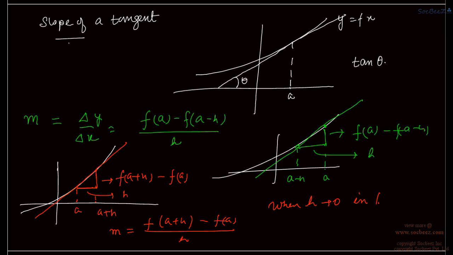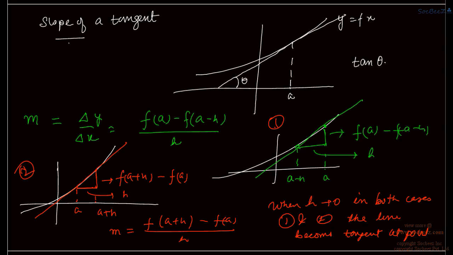Let us name this case as case 1 and this as case 2. So in both cases 1 and 2, the line becomes a tangent at point a, right?